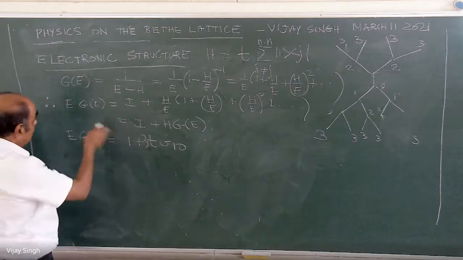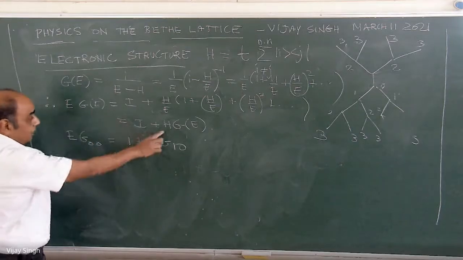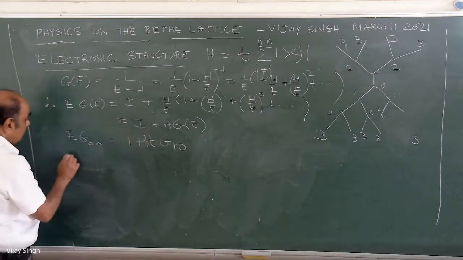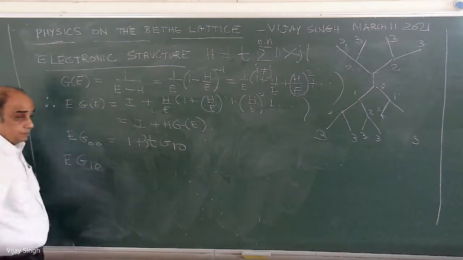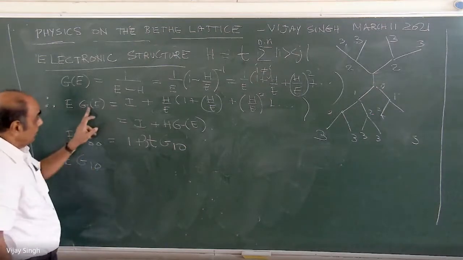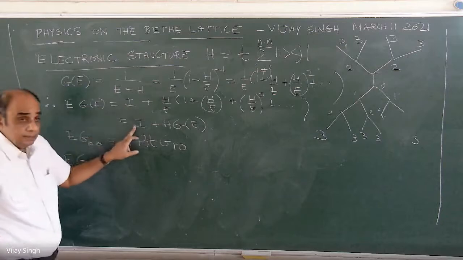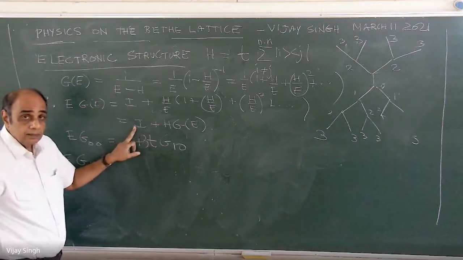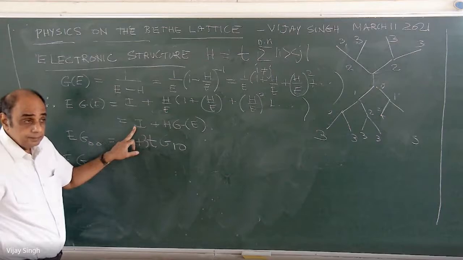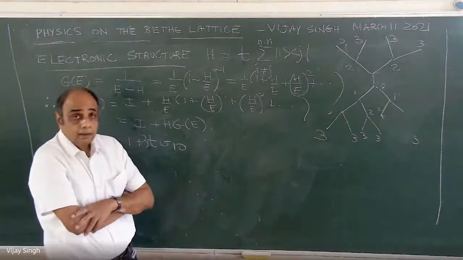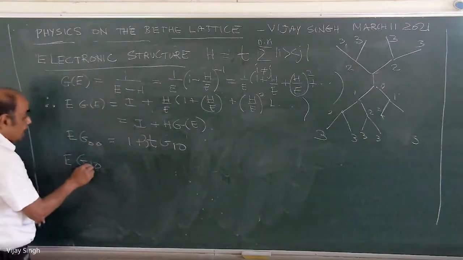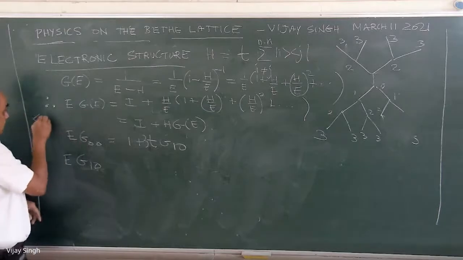Again I use this equation to say that it is E G 1 0. What will the first term become? Yeah, Mr. Chandrasekhar, what is the first term? I couldn't hear. Could you repeat again? I'll repeat it again. I am taking the matrix element of this equation now between 1 and 0.